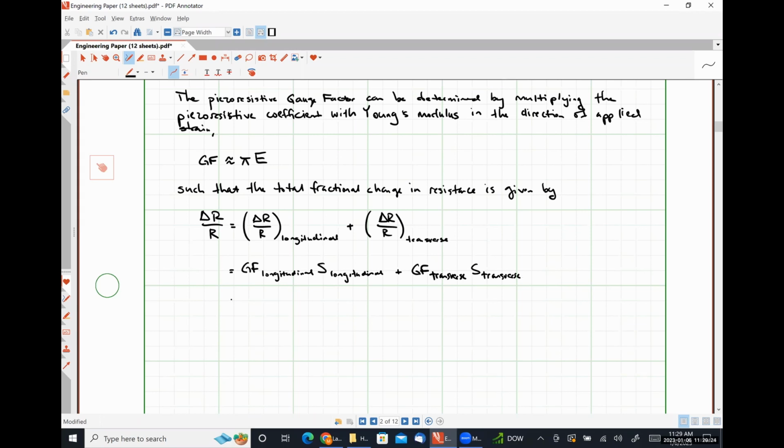We finally come up with a fractional change in resistance expressed only in terms of piezoresistive coefficient and applied stress.